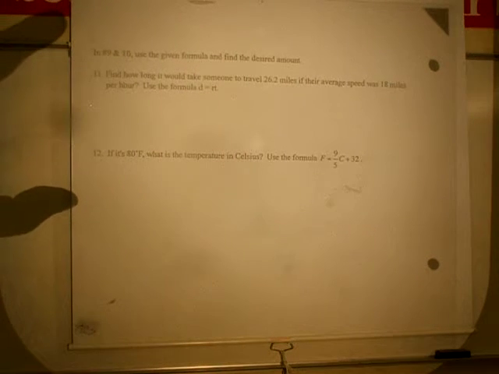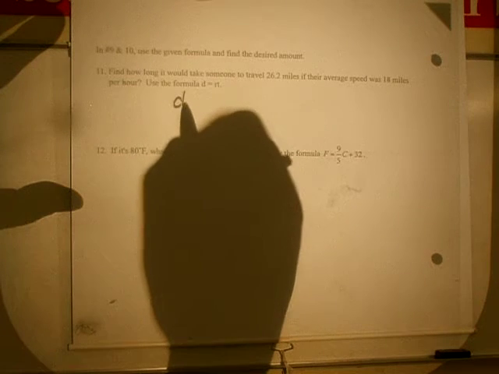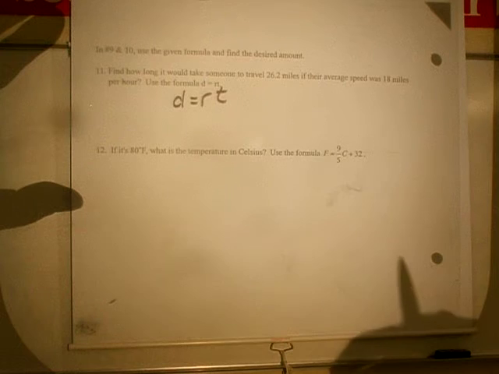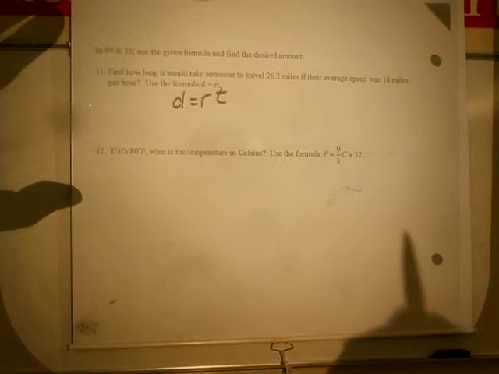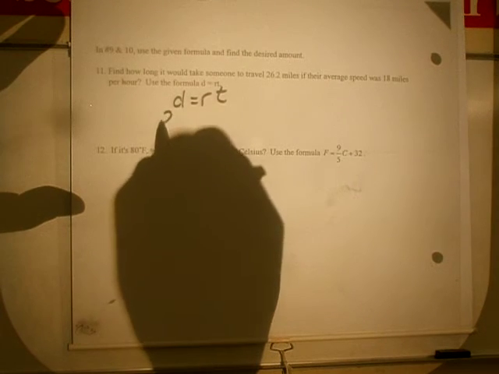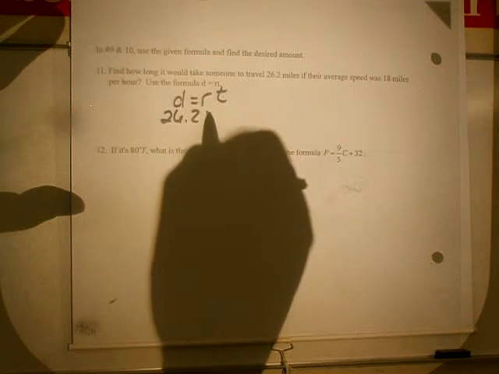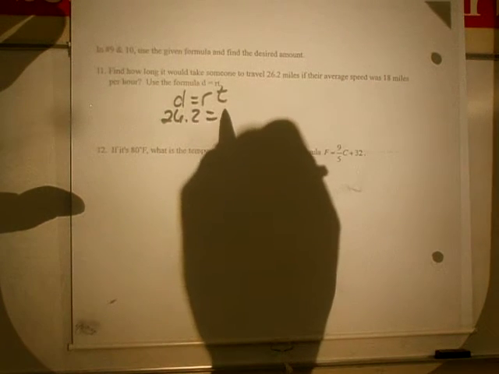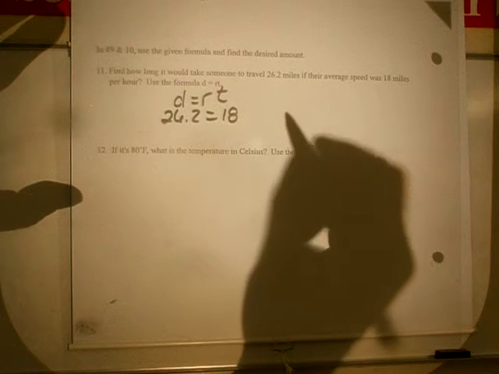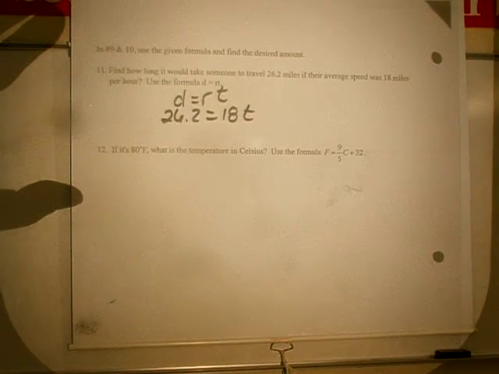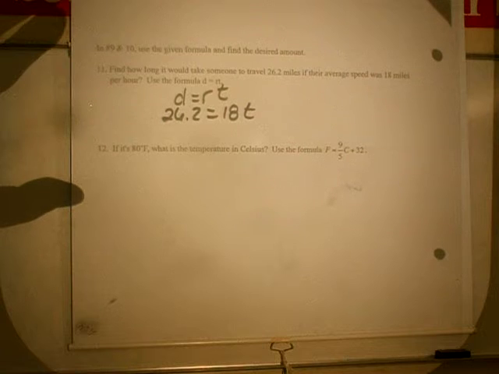And with these, we are using formulas. 11 says, find how long it would take someone to travel 26.2 miles if their average speed was 18 miles per hour. And we are using the formula D equals RT. Distance equals rate times time. 26.2 is our distance. 18 miles per hour is a rate. And we are trying to figure out T, which is time.